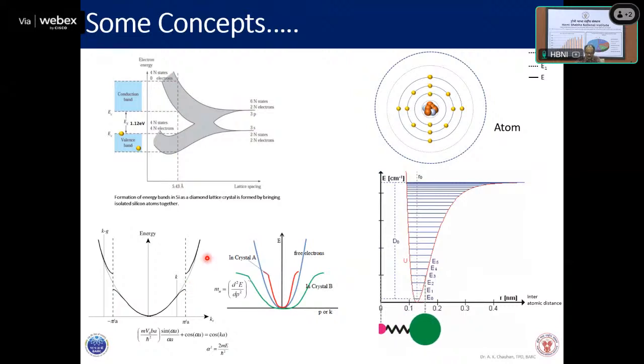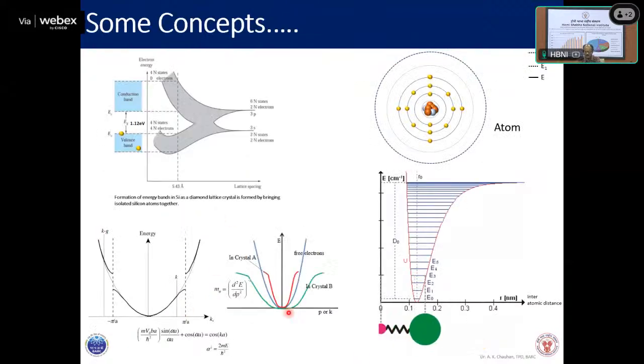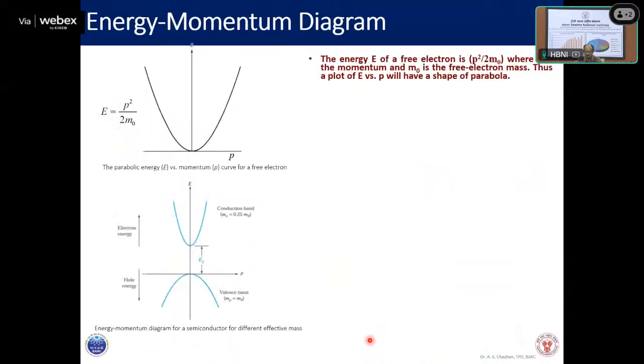When it is in the crystal, the E-k curve or E-p curve is not exactly parabolic like this. In the crystal, the curve is like this green one, and like this red one. This will be clear in this slide also. In order to understand this figure, and the earlier one also, there are energy-momentum diagrams which are drawn in all kinds of solid state physics, or in general quantum mechanics, for the properties of these materials.